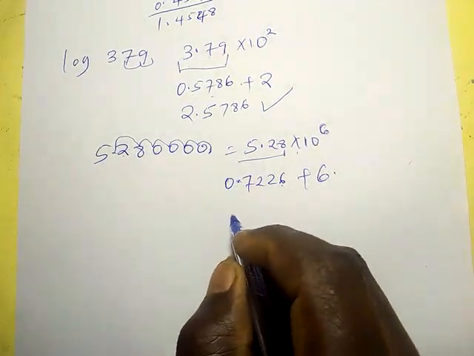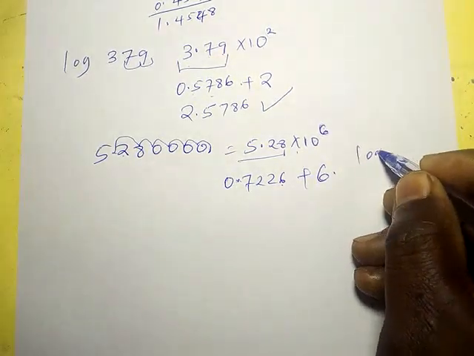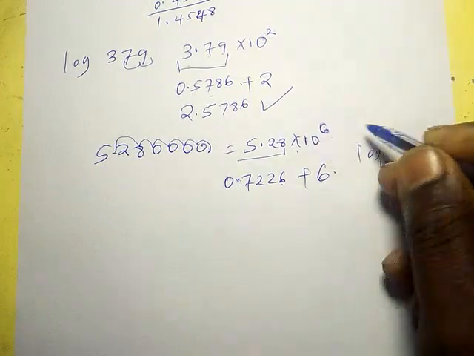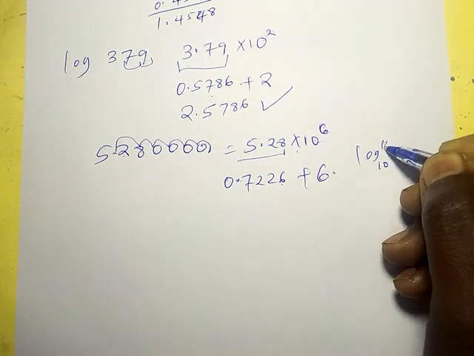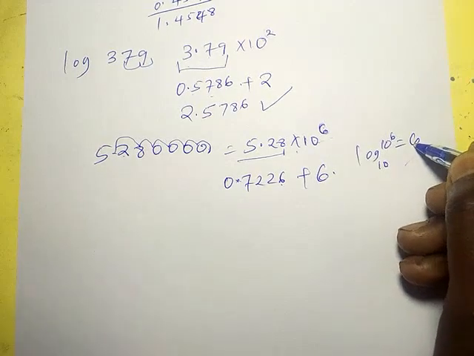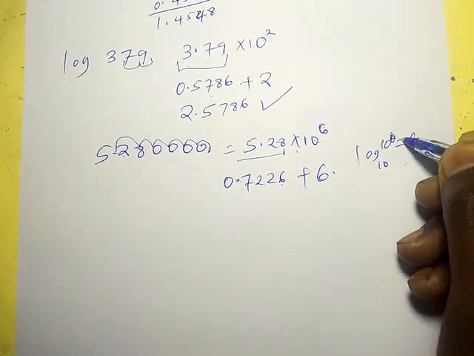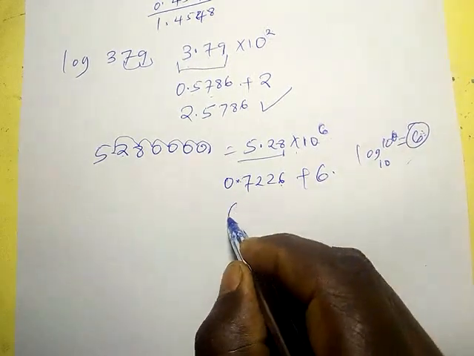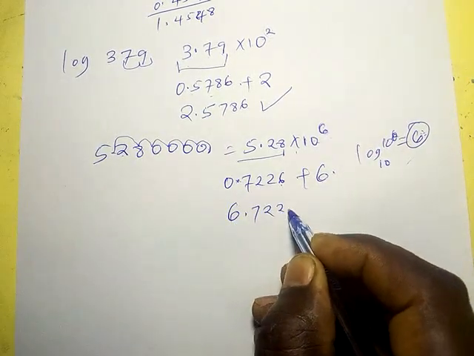So why do I take it? Because log base 10 of 1 million, 10 raised to power 6, is equal to 6. So instead of writing 1 million here, the power is what we add. So the answer here is 6.7226.